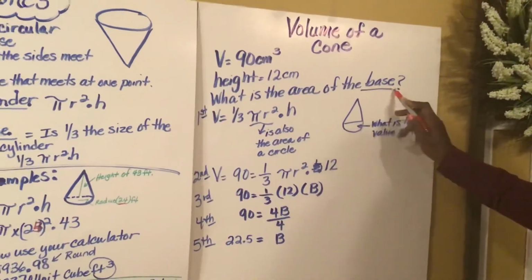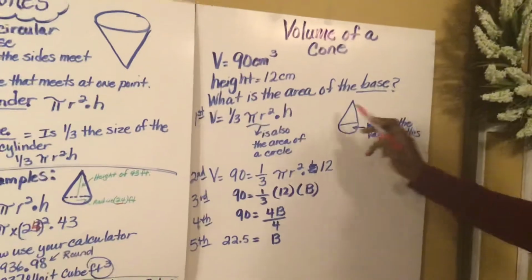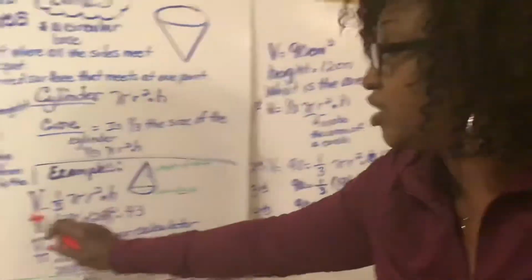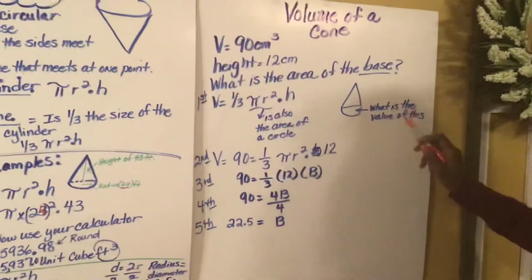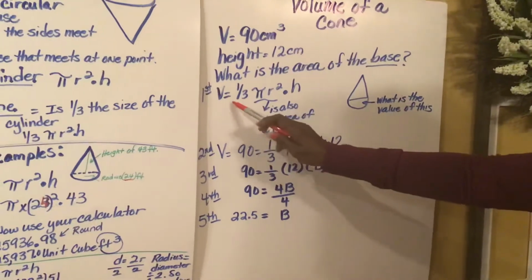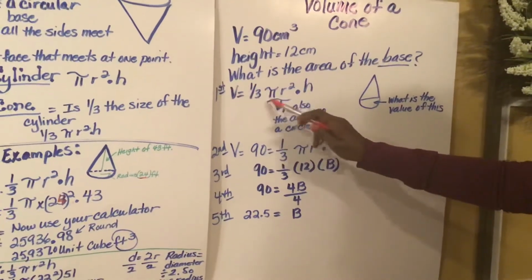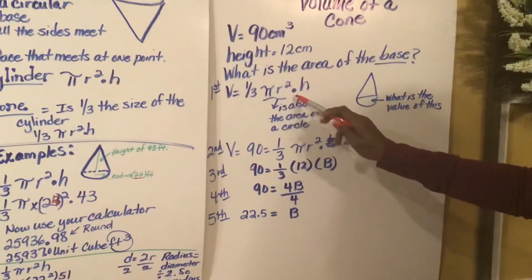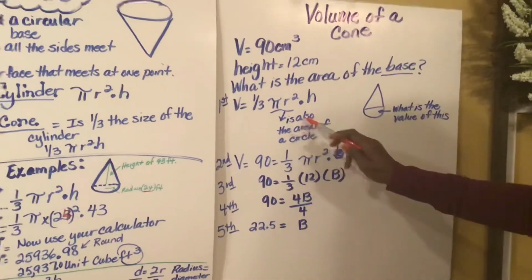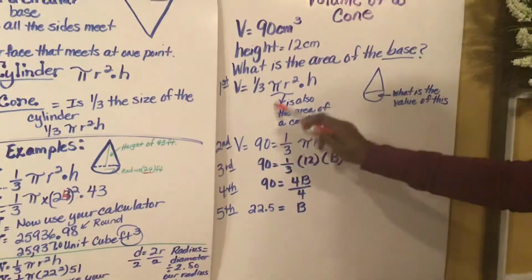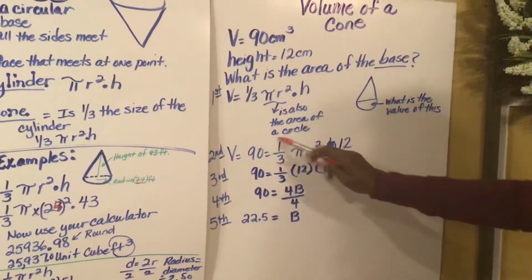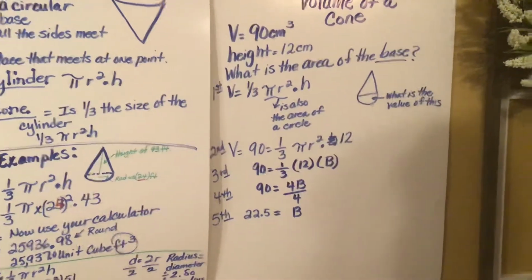And notice I underlined the word base. On these, we were looking for the volume. But now we're looking for the base. Now, here we go. We said that the volume is 1/3 pi radius squared times the height. But it's also, and this is just a little note, the area of a circle.